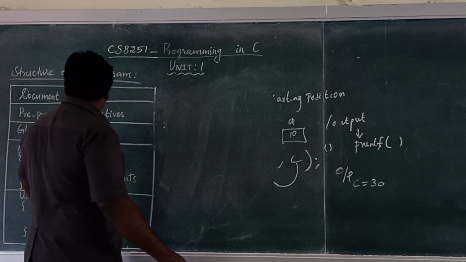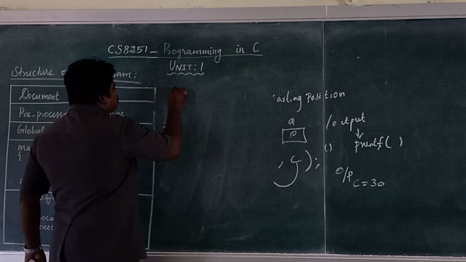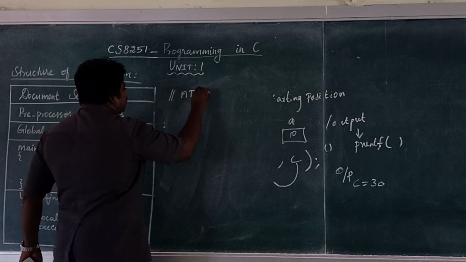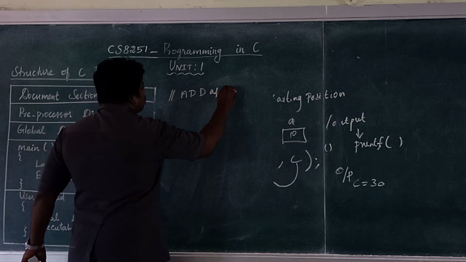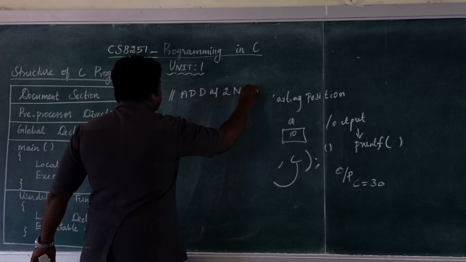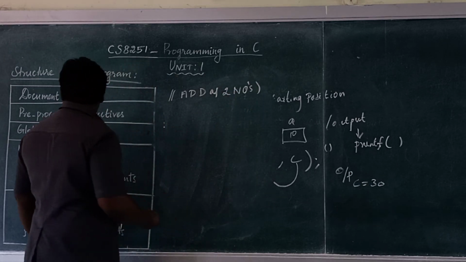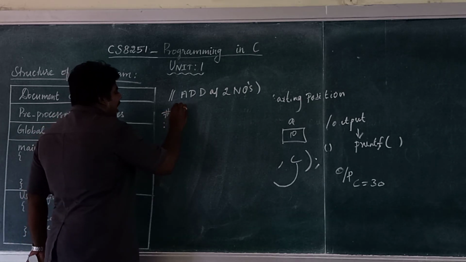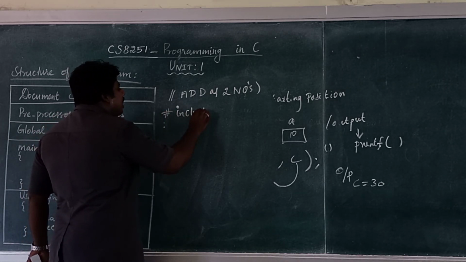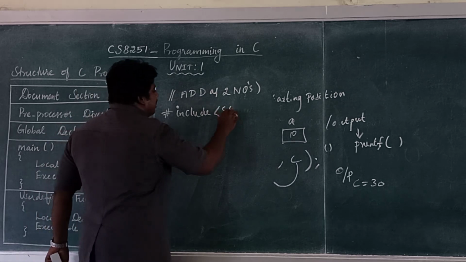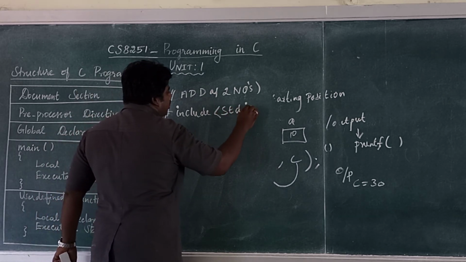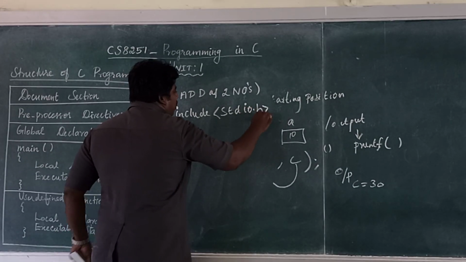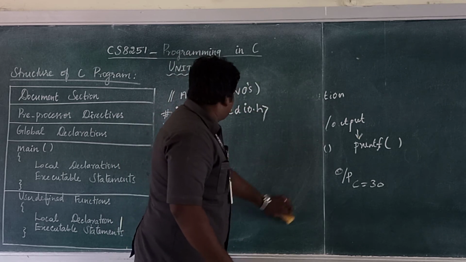Which one is the first section? Documentation section. So I am writing add of two numbers. Then preprocessor directive. First I am writing the header file, hash include, including all the standard input output functions.